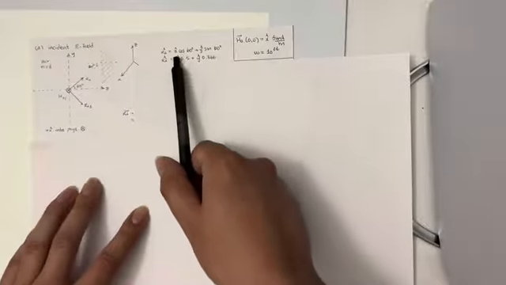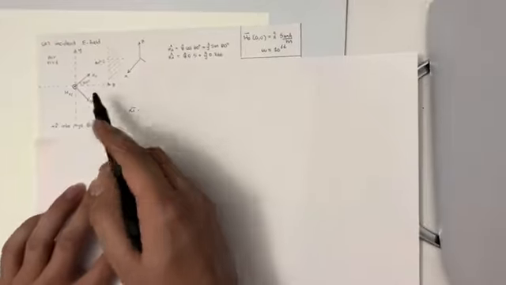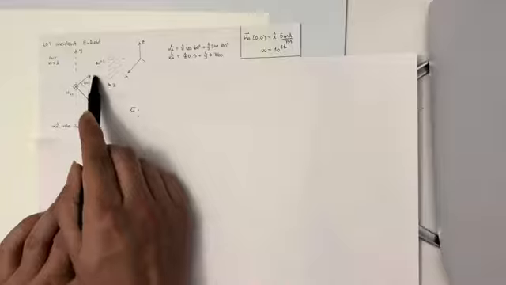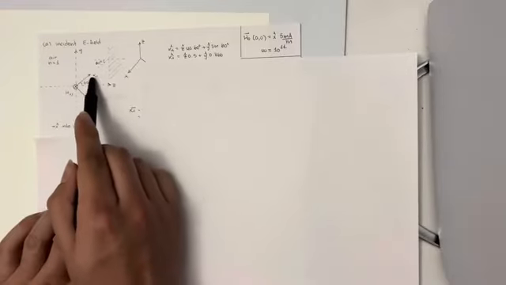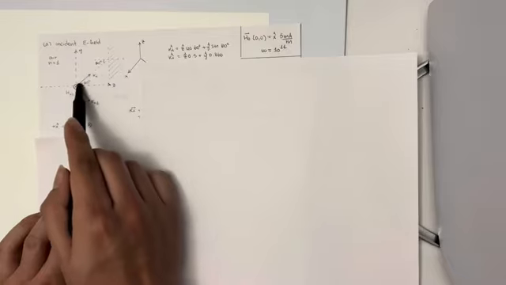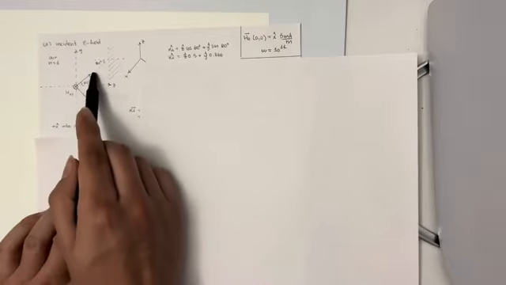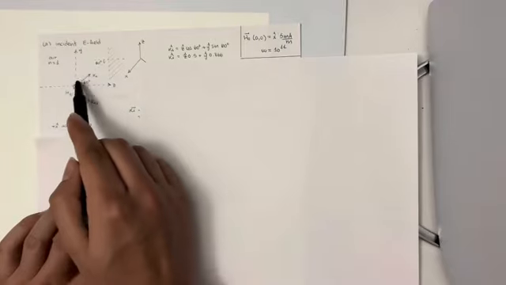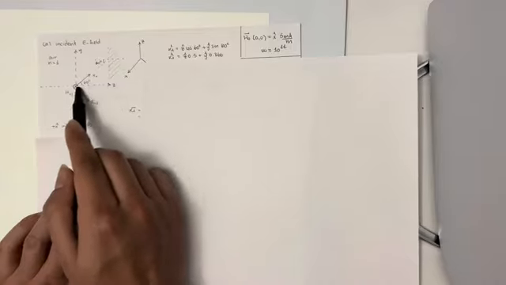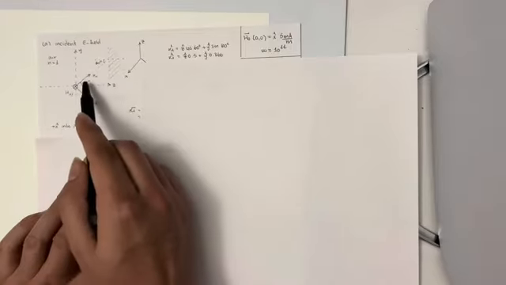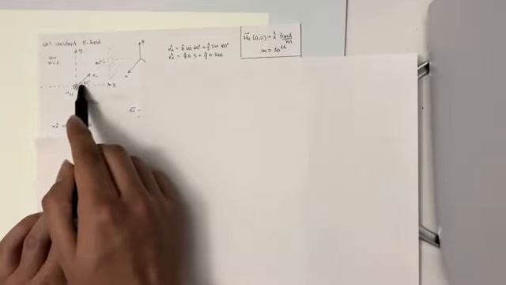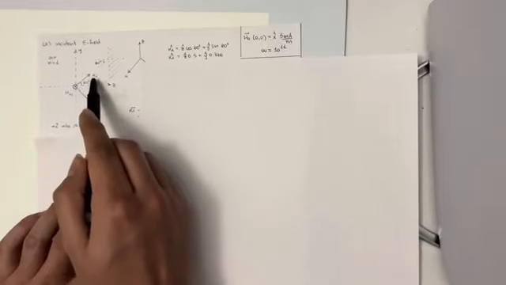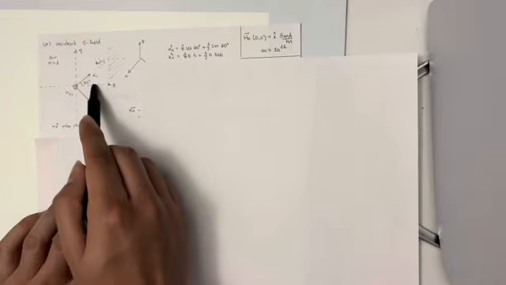And so using simple geometry, using this as a triangle, from this angle this is the opposite, this is the adjacent, and this is the hypotenuse. So this here is cosine of 60, and this here is sine of 60.